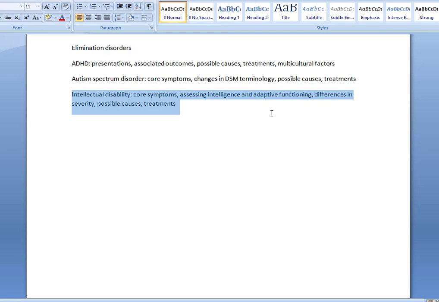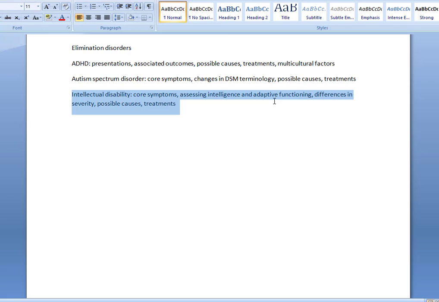The last major topic we talked about was intellectual disability, about how this involves individuals whose IQ scores are 70 or below, so their score on a standardized intelligence test, combined with some deficits in adaptive functioning. And so when I talked about adaptive functioning, I was talking about a person who has difficulty with day-to-day self-care, relationships, work, school, that kind of thing.